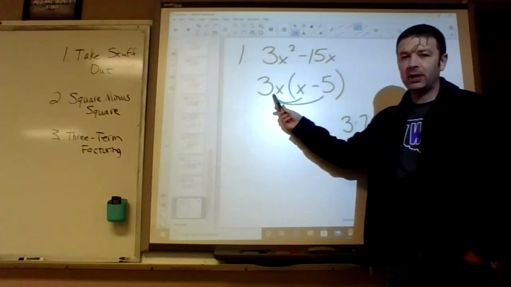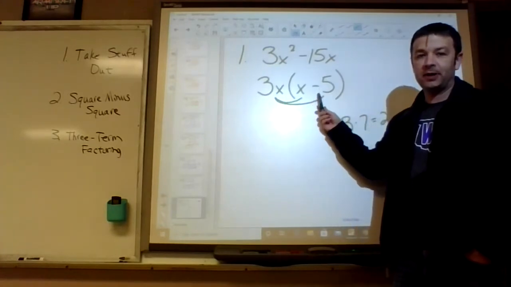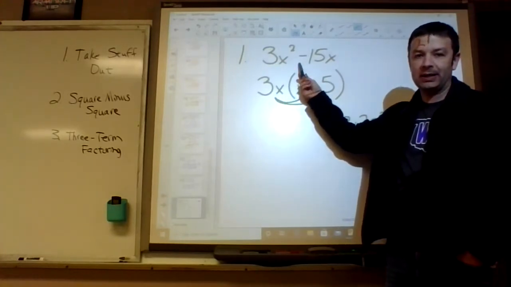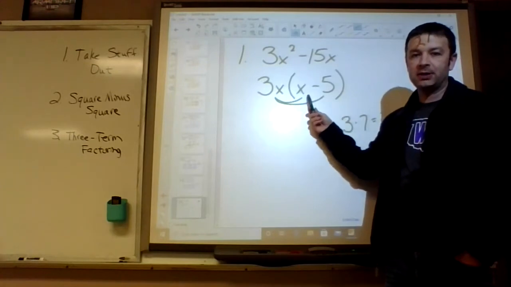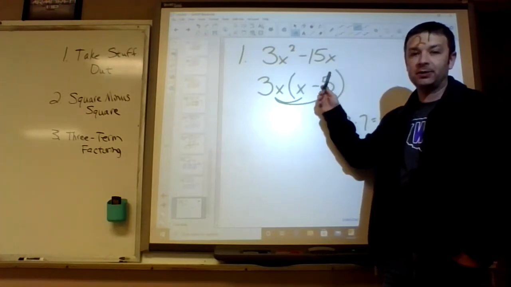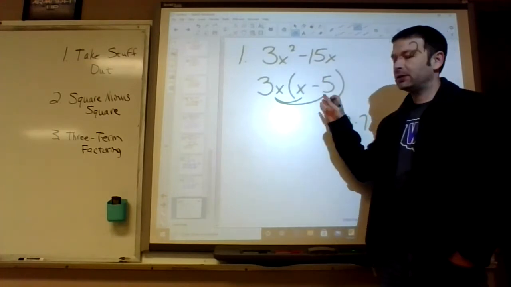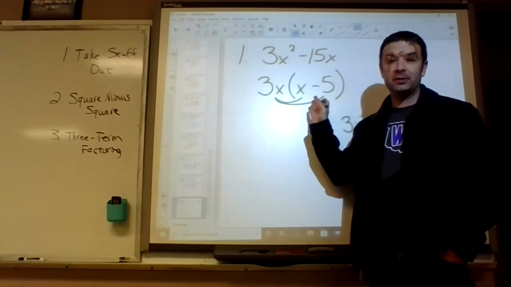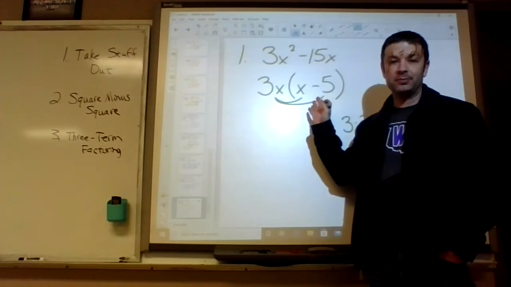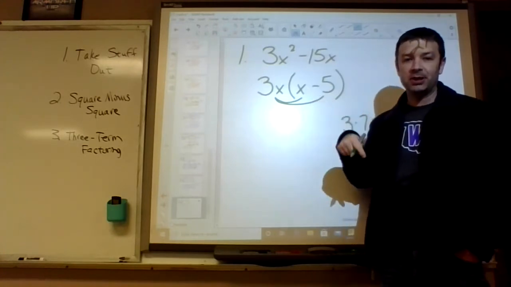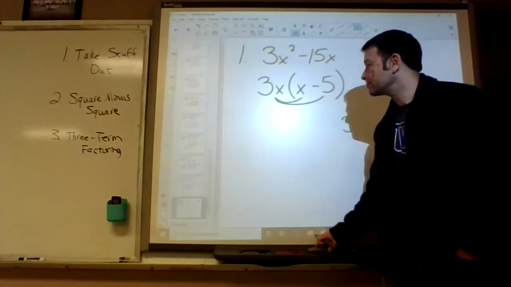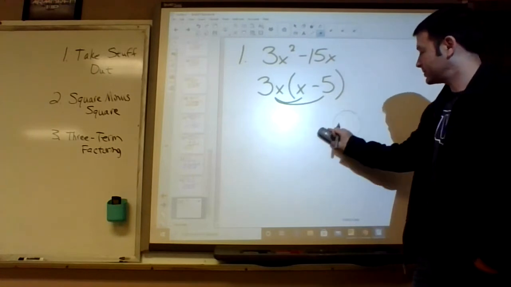Okay, 3x times x minus 5 multiplies to this thing. So 3x and x minus 5 are factors of this thing. They multiply to get that. And this is useful for solving problems like on Monday's assignment. Alright, anyway, that's number 1.